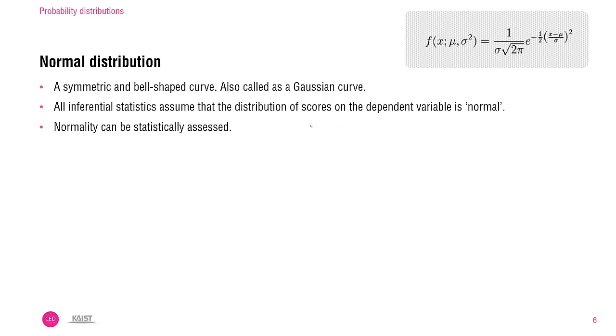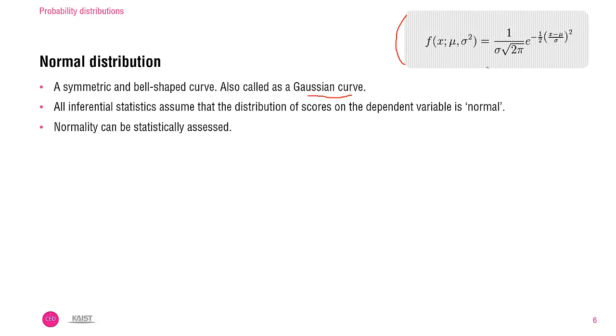The normal distribution looks symmetrical and bell-shaped. It is also called the Gaussian curve. In a formula, the normal distribution is formed in this way. Of course, you don't need to memorize this.